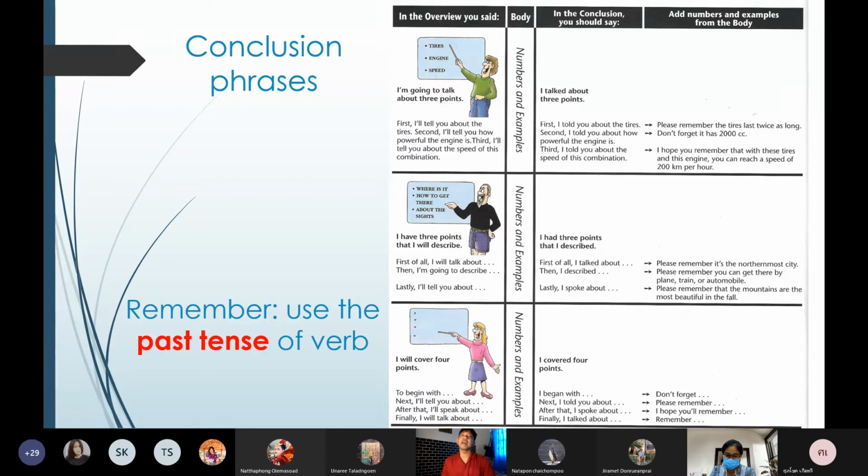Just change the tense of the verb to the past tense. And then you take out the most special thing about your main point. So you could say anything that you think is special for that main point for the audience to remember. Okay?